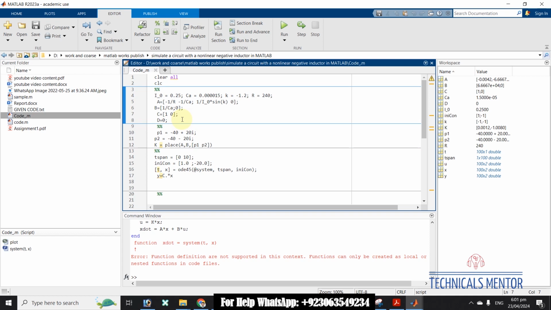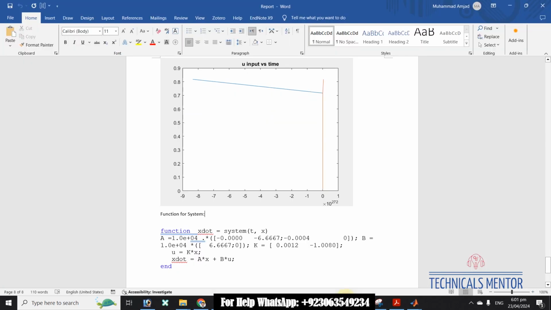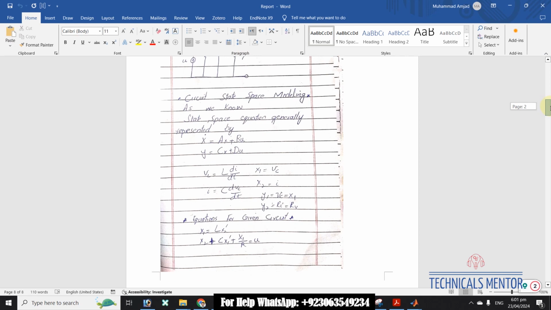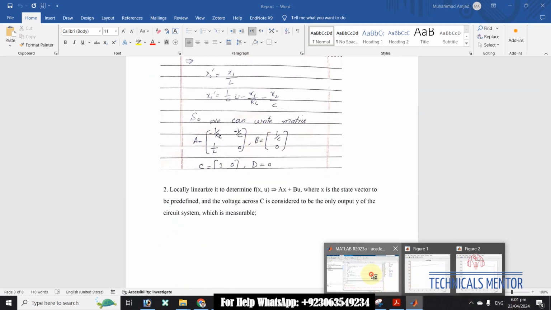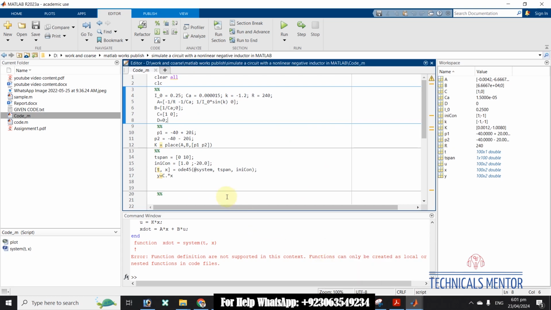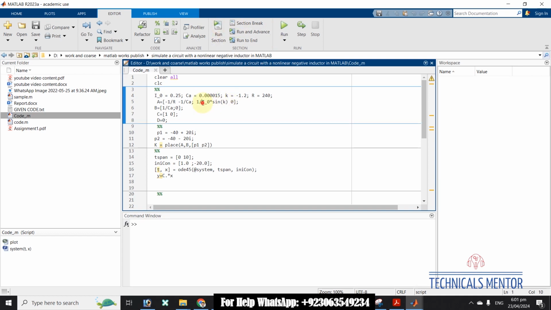For this, we use MATLAB code to get the result by implementing the matrices we already formed. So we'll clear the previous running code and then run this section. We will check stability.